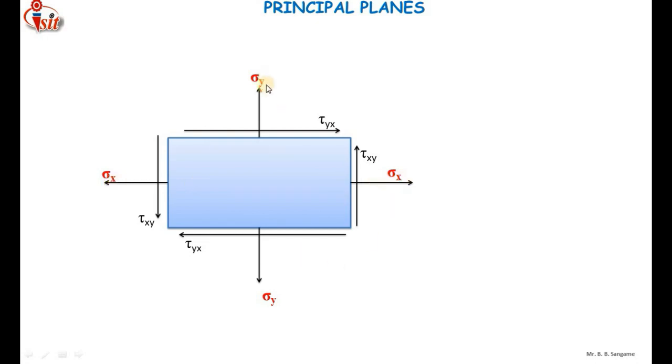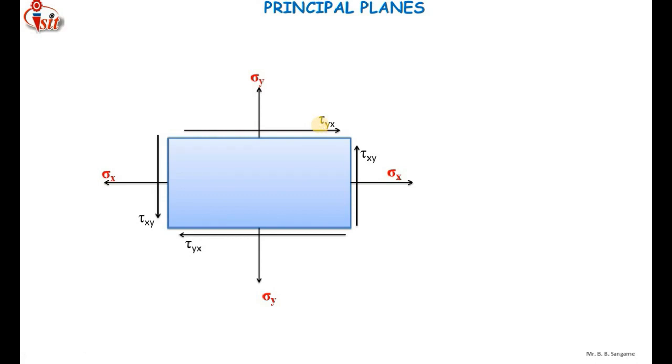I have applied the axial tensile force along the y-axis which is representing sigma y. Let me tell you that tensile stress is considered positive and compressive stress is considered negative. Also, the magnitude of tau yx and tau xy is the same, so you can consider that tau xy is equal to tau yx or vice versa.